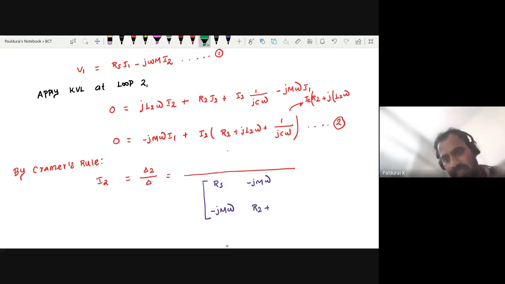Here it is actually 1 by j, so it is minus j. I took j as common, so obviously it becomes minus 1 by C omega. So this can be written as R2 plus j times L2 omega minus 1 by C omega. This is my del.